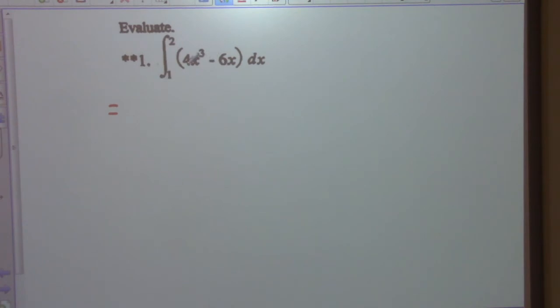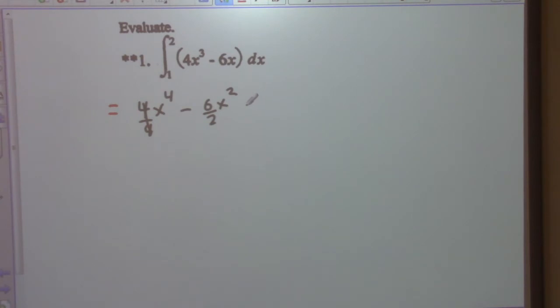So what's going to be our integral of 4x cubed dx? It's just x to the fourth, right? So it's going to be 4x to the fourth over 4, minus, what's this one going to be? 6x squared over 2.